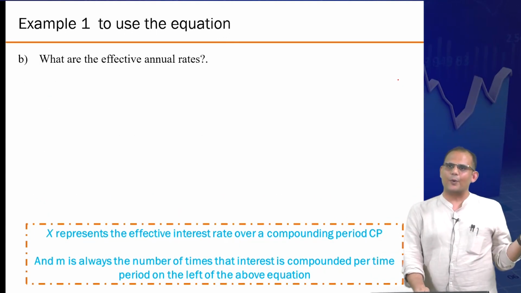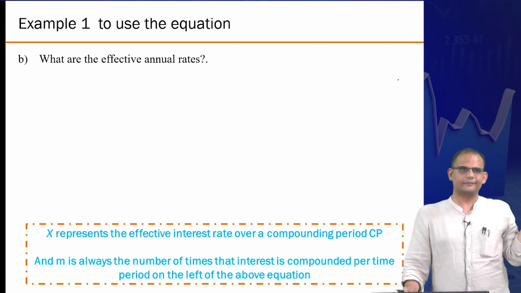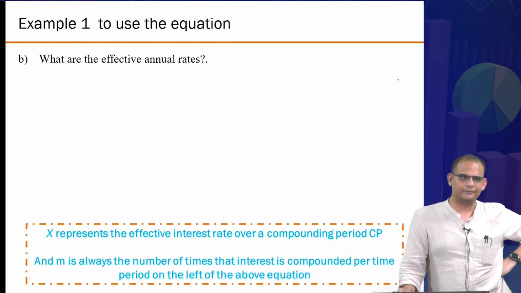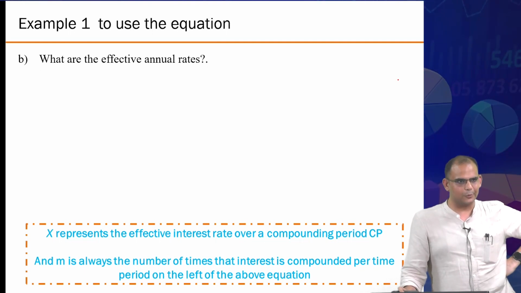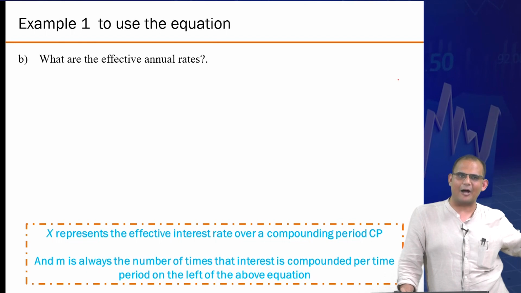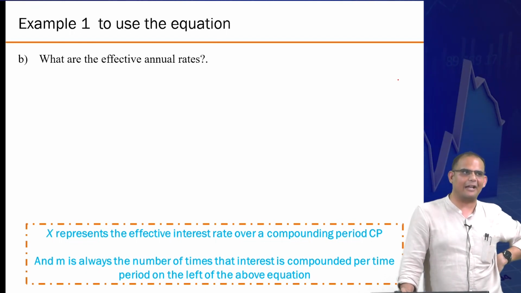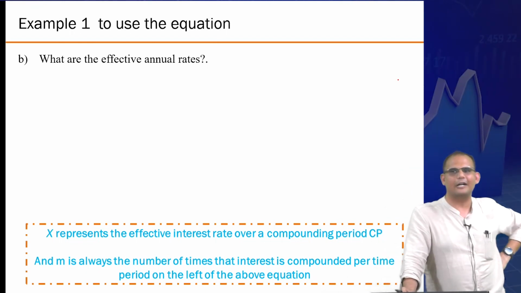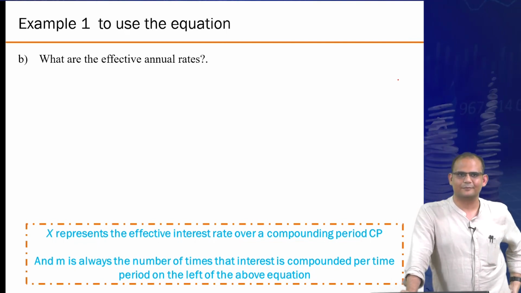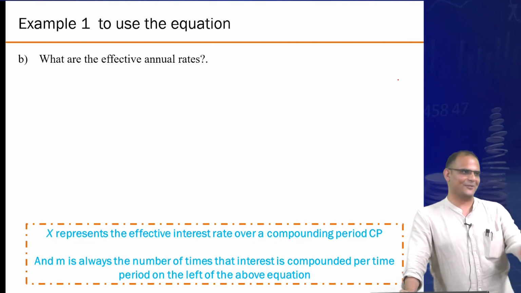So now if I know the semi-annual rate, what is the easiest way to calculate the annual rates? Into 2. These are effective semi-annual rates. How do you calculate the effective annual rates using them? Into 2, how many people? How many people said into 2? Nobody? Only you? Go, don't worry.